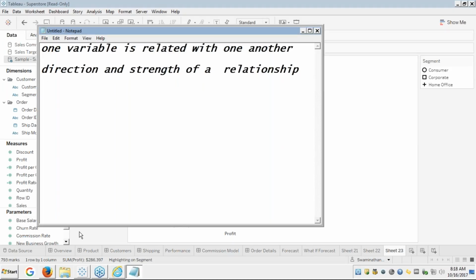Direction and strength of a relationship. Okay, so what is direction?